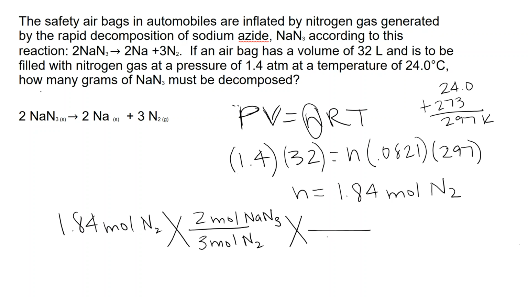Then we can do a second step and go straight from moles of NaN3 to grams of NaN3 using the molar mass. In 1 mole of NaN3, there are 65 grams. When you do all of this math, you should get a final answer of 79.73 grams of NaN3.